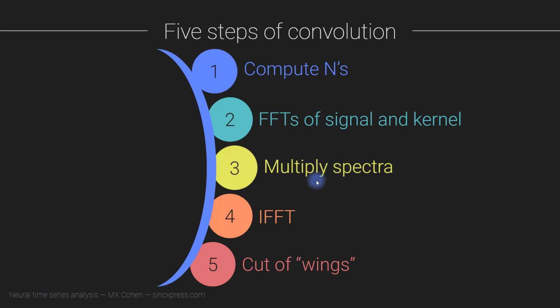And for this multiplication to be valid, what has to be true about the FFT of the signal and the FFT of the kernel? I'm sure you've guessed it. To multiply their spectra, we need the FFT of the signal and the FFT of the kernel to be exactly the same length. And that length is n plus m minus 1. So that's why we have to compute the Ns up here.